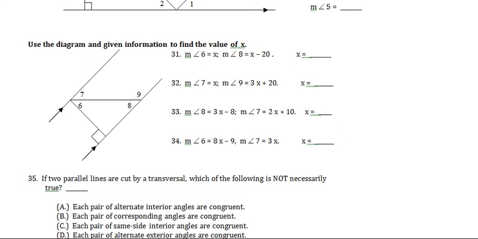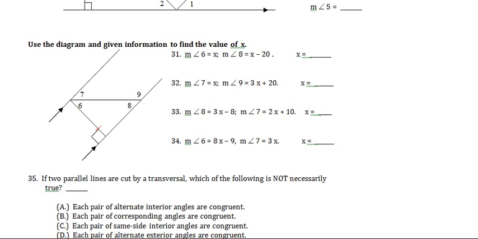Alright, rolling through. Number 31 says if angle 6 is x and angle 8 is x minus 20 that we have right there, we need to figure out what x is. So what I would do is, I see, well, here's a triangle.